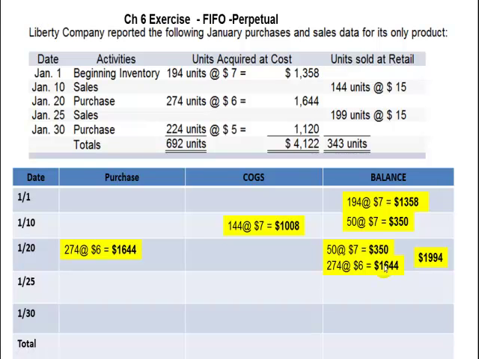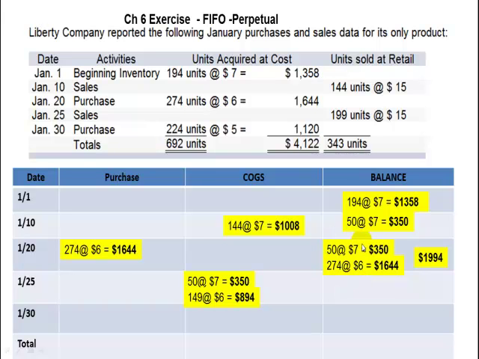Okay, now it's time to really see how FIFO works. So on the 25th, we sold 199 units. So the question is, which do we pick from here? Well, since the first thing in is the first thing out the door, and these are the two layers we have, we've sold all of these 50, and since we sold a total of 199, we've sold 149 of these units that we paid $6 a piece for.